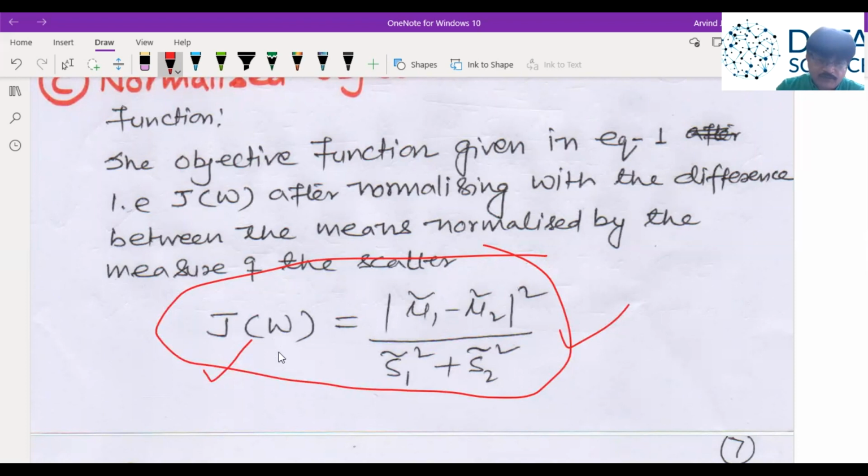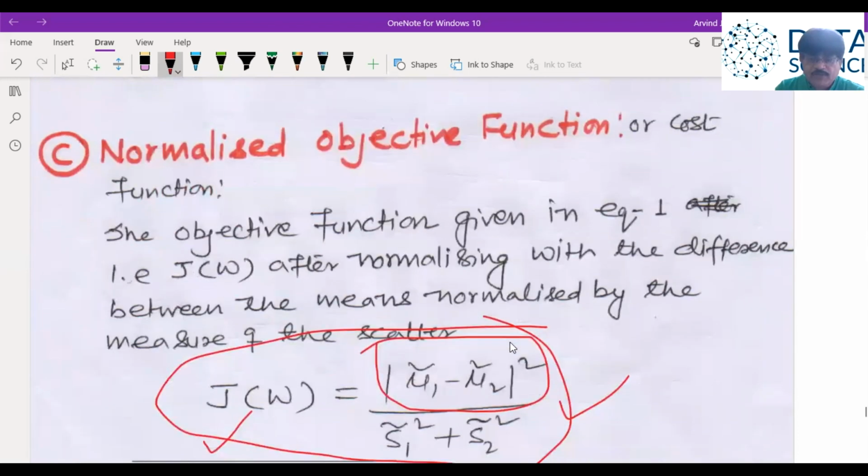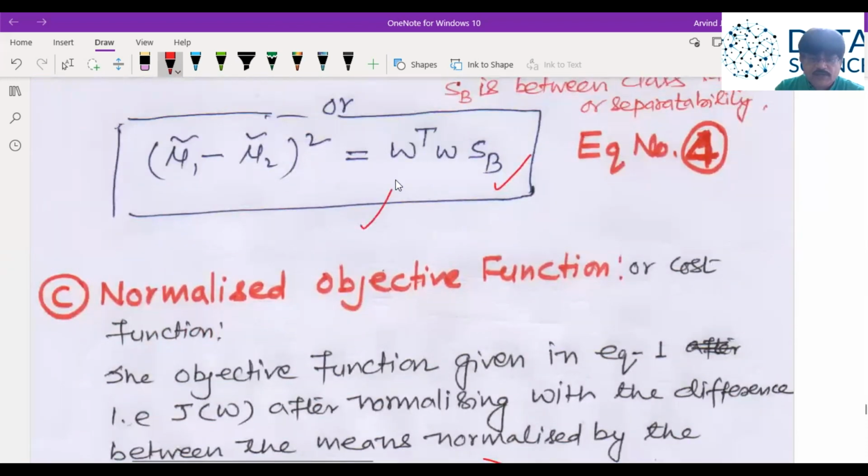It is a very important function. And now what will we do? We will replace this quantity by equation number 4. See, this is equation number 4.